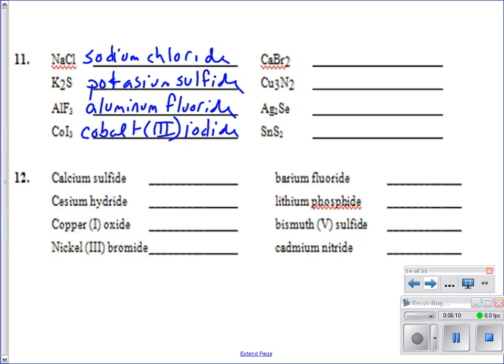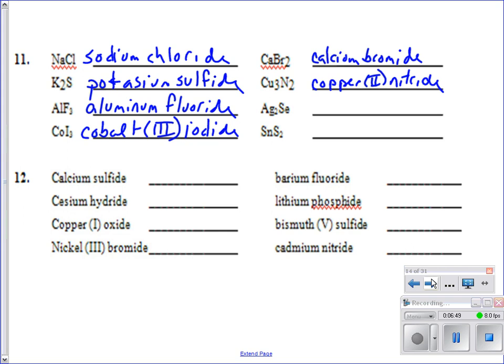CaBr2, what's that? Calcium bromide. Cu3N2. Copper? Yep. Agree with that? Does everybody know how we figured out that it was copper 2? Do we need to review that? Okay.